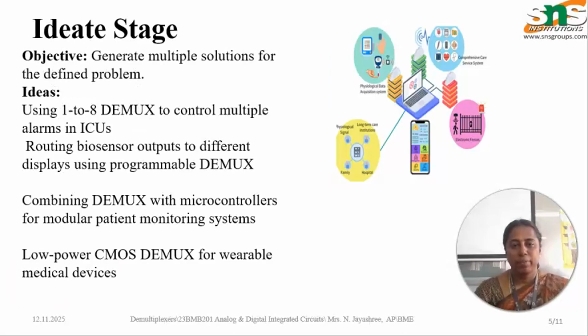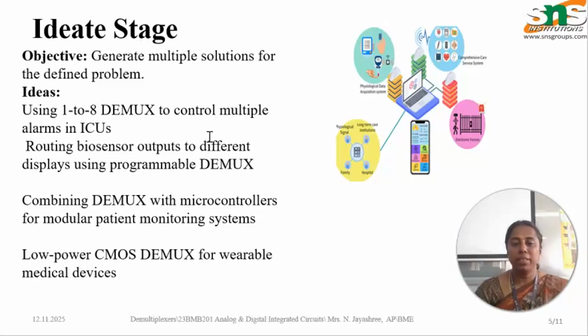Ideate stage. In the ideate stage, we already know that there are three types of demultiplexer, right? 1:4, 1:8, 1:16. If it is 1:4, the select lines are 2. If it is a 1:8 demultiplexer, the select lines are 3. If it is a 1:16 demultiplexer, the select lines are 4.